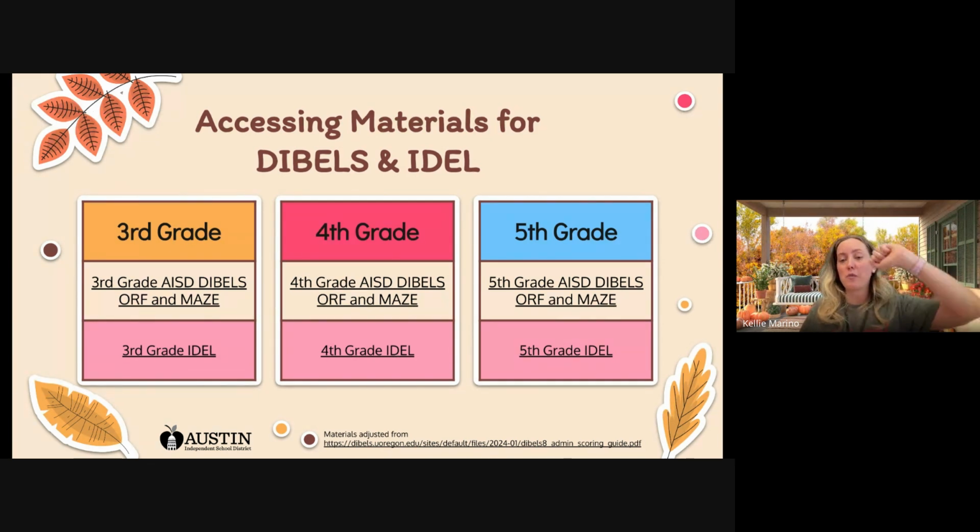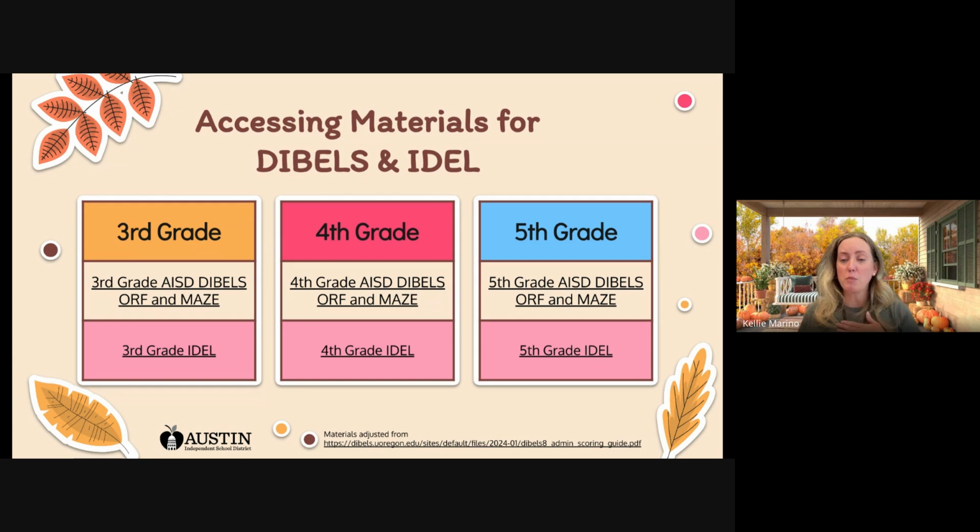They're structured with the explicit directions at the beginning of the document, a scoring guide if you need a scoring document, and then they're separated by beginning of year, middle of year, end of year, with teacher and student materials in each of those sections.